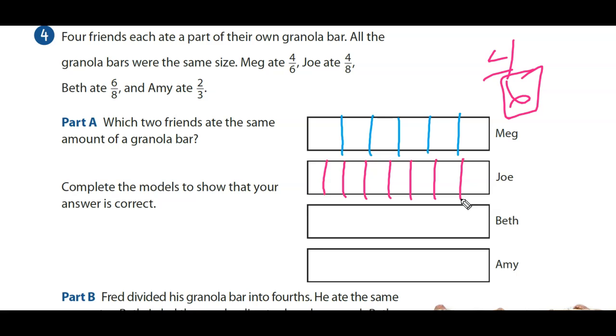Well, I can divide them the same way. 1, 2, 3, 4, 5, 6, 7. And then Amy, she ate how much? 2/3. So how many sections am I going to need? 3. So how many lines am I going to use? 2.